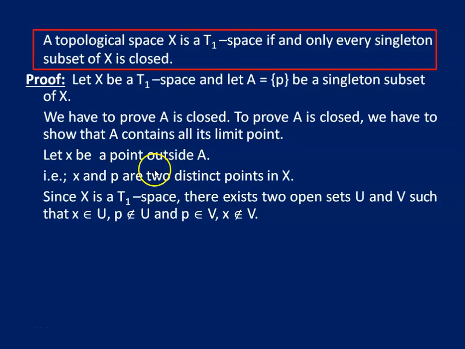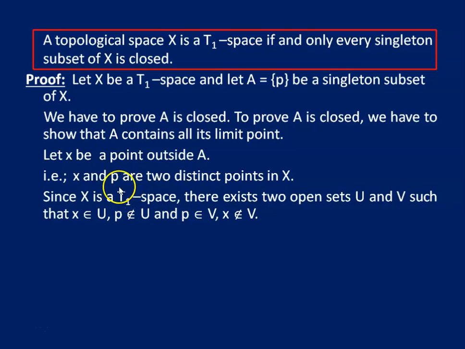Now for these two distinct points X and P, we can find two open sets U and V such that U contains X but not P and V contains P but not X, because X is a T1 topological space.